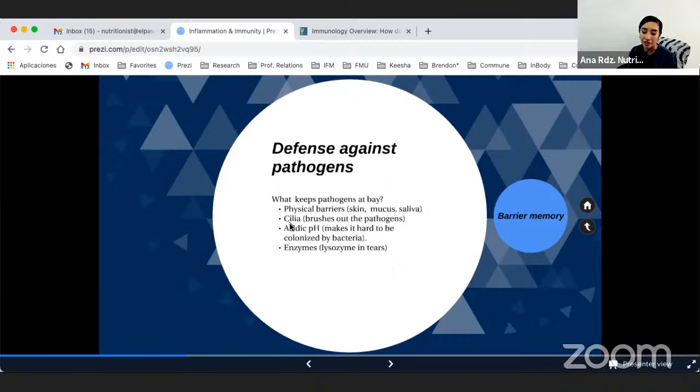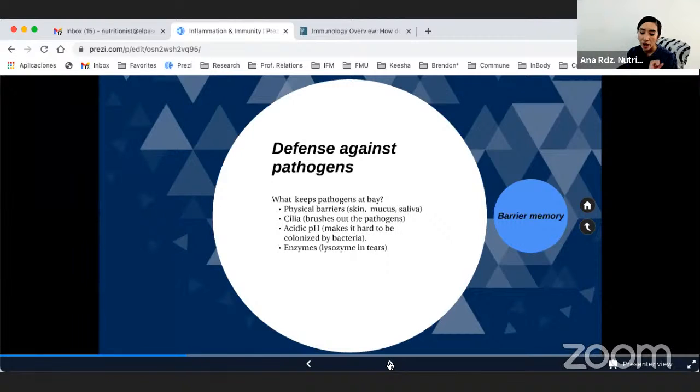This lysozyme enzyme can also be found in maternal milk, and it actually goes up after the 6-month period of breastfeeding. So it's one of the most highly active enzymes that can protect a baby.